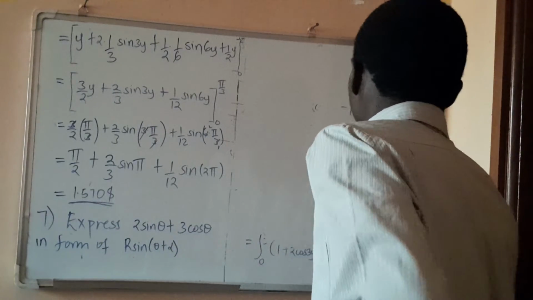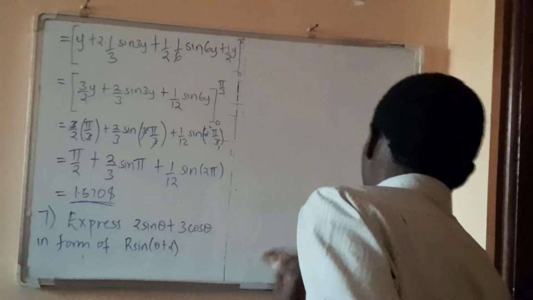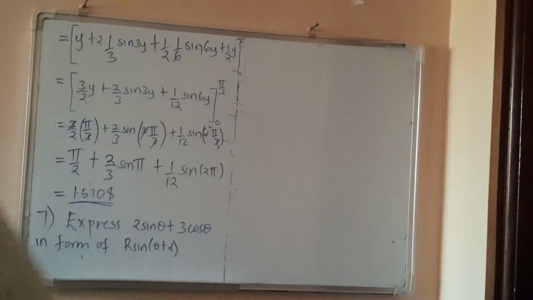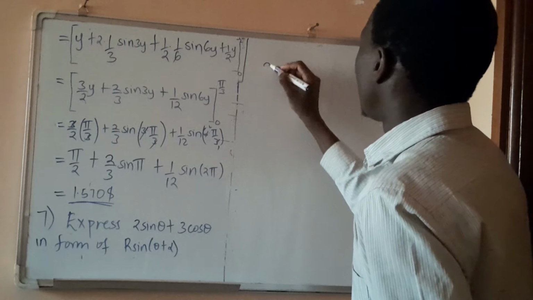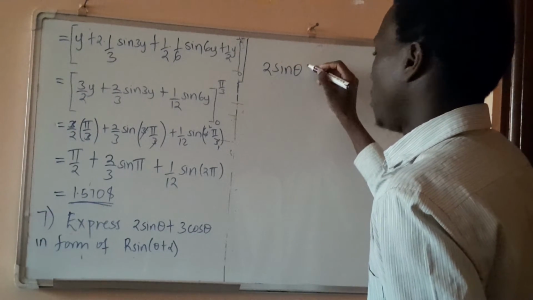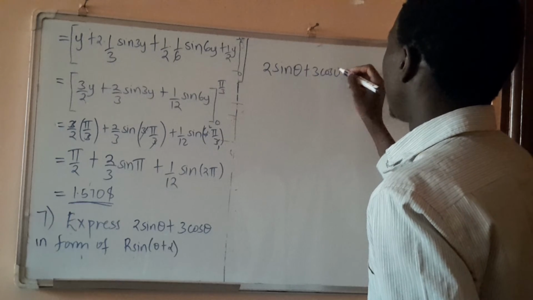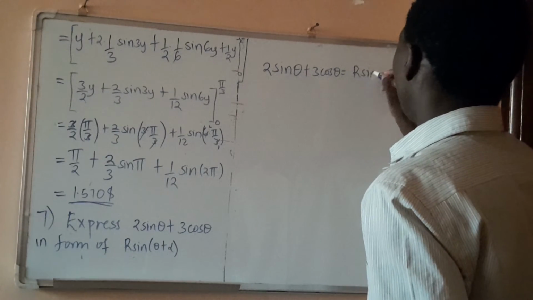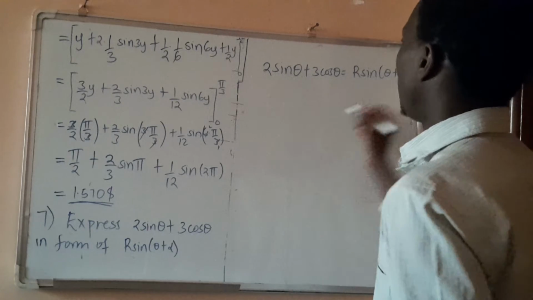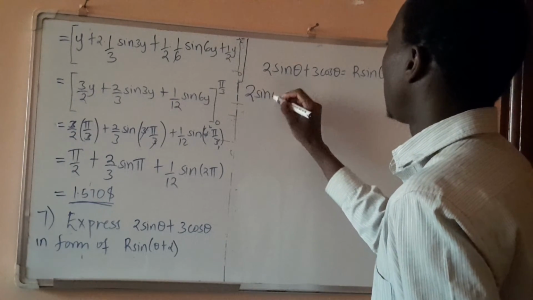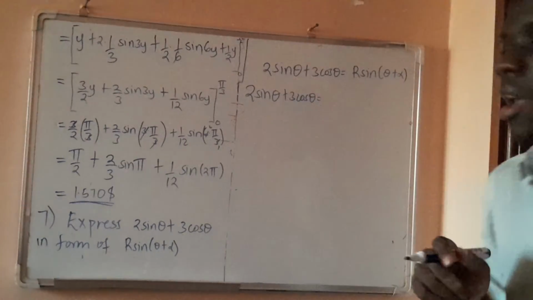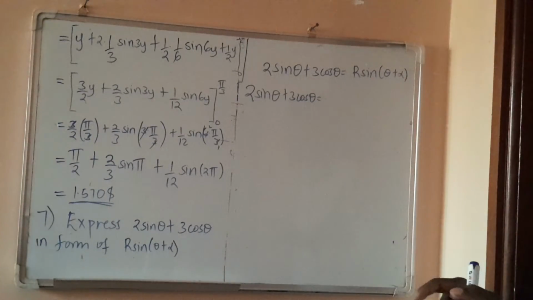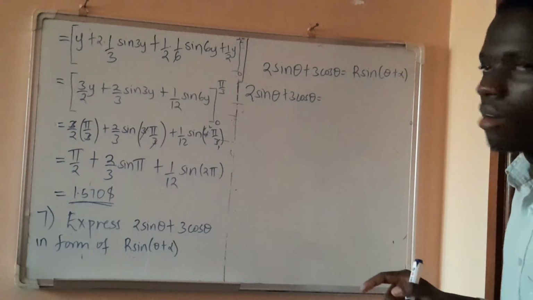Now, for that case, that is the R formula. We want to express 2 sine theta plus 3 cos theta in the form of R sine theta plus alpha. So we have 2 sine theta plus 3 cos theta, and this is equal to, now you expand with compound angles, the compound angle formula for addition of sine.